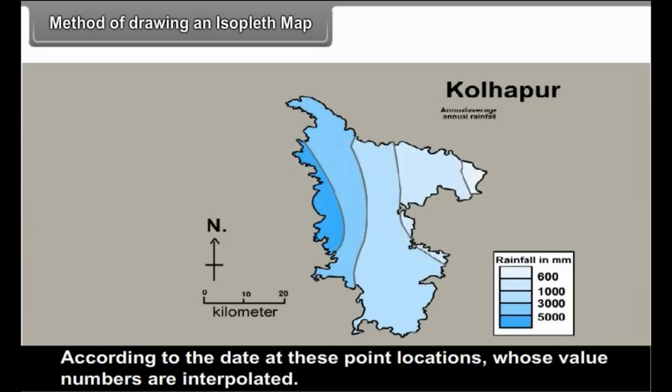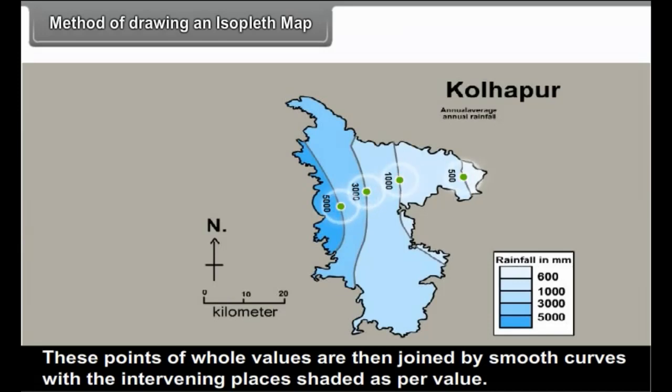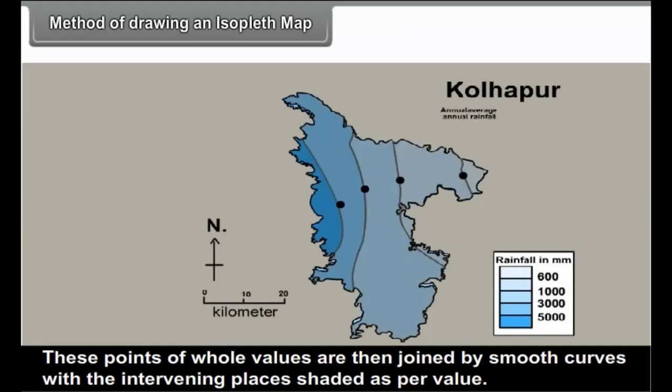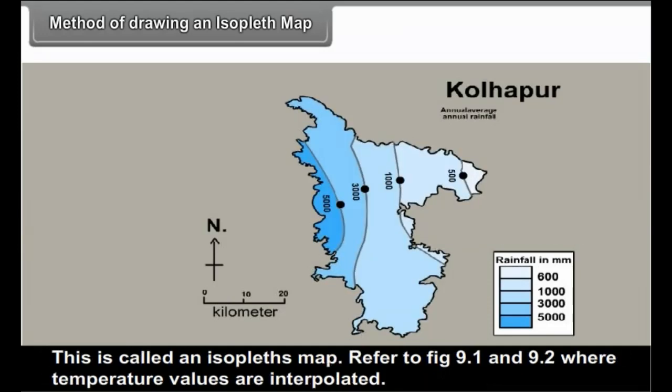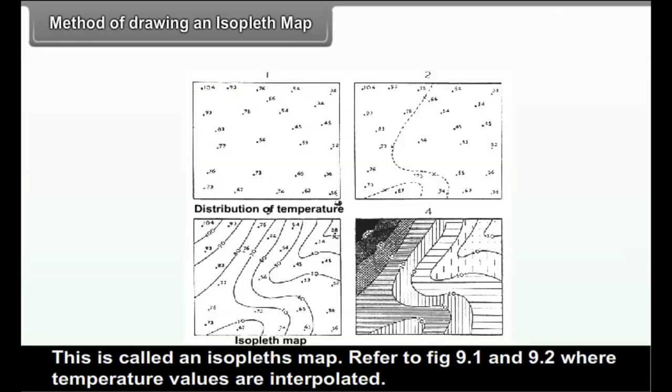According to the data at these point locations, whose values are interpolated, these points of equal values are then joined by smooth curves with the intervening places shaded as per the value. This is called an isopleth map. Refer to figures 9.1 and 9.2 where temperature values are interpolated.